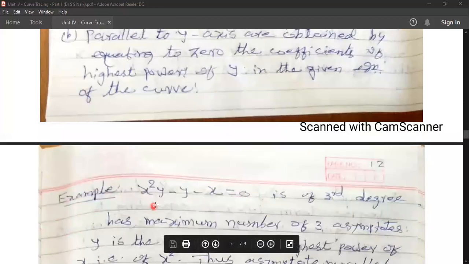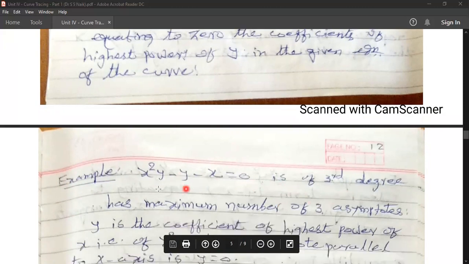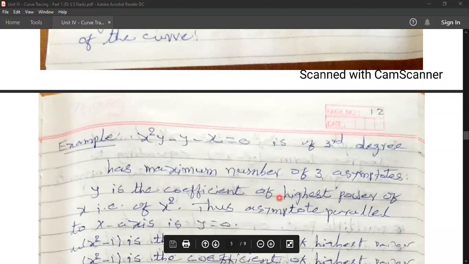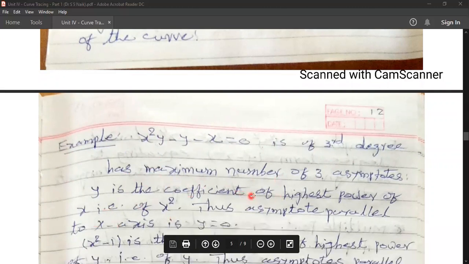For example, x square y minus y is equal to 0 is of third degree. Now the degree of this is 3, therefore it has a maximum of 3 asymptotes. The coefficient of the highest power of x, that is of x square, is y.